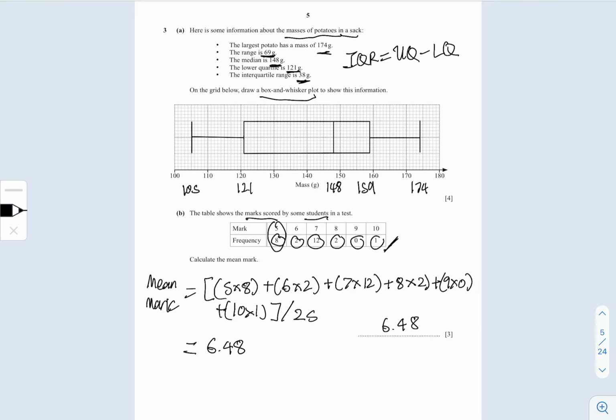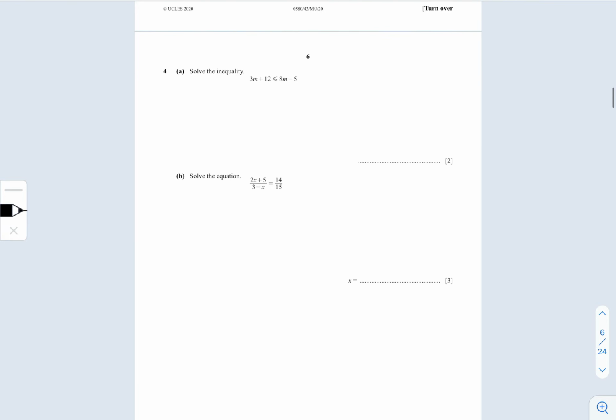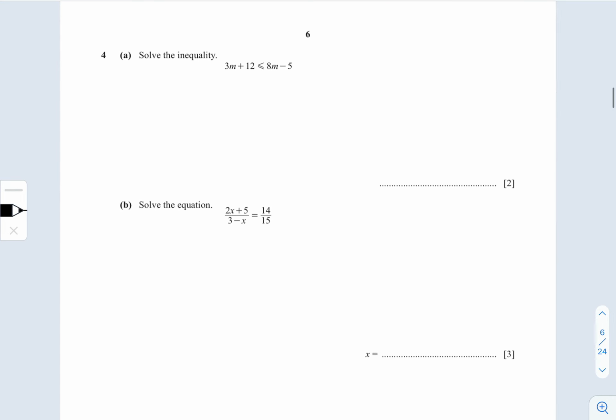Now let's move on to question 4. In question 4, it mentions to solve the inequalities. So you have 3m plus 12, which is less than or equal to 8m minus 5. You rearrange the inequality by bringing all the m's to one side and all the numbers to the other side.